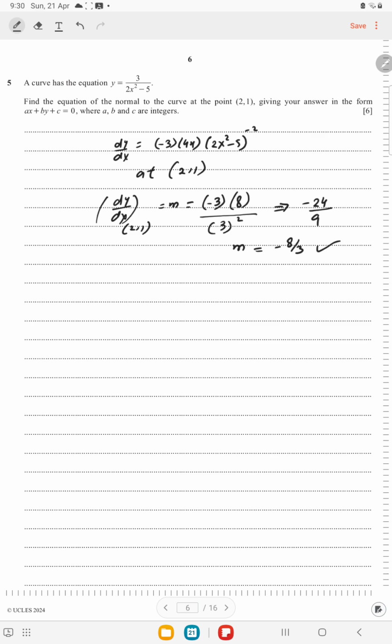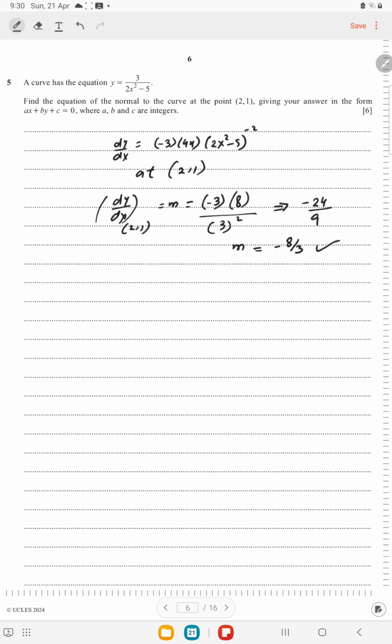So the gradient of the normal will be the negative reciprocal of minus 8 by 3, so that becomes 3 by 8. As you know, m1 m2 is equal to minus 1 for the perpendicular case.